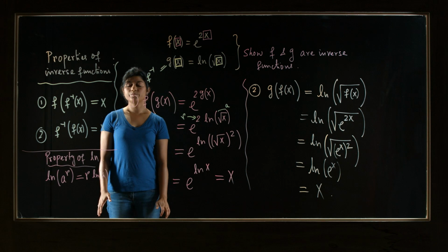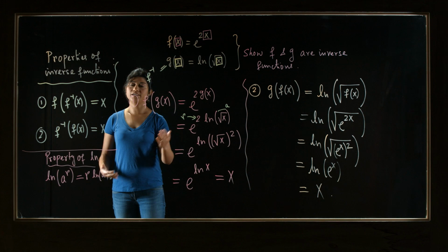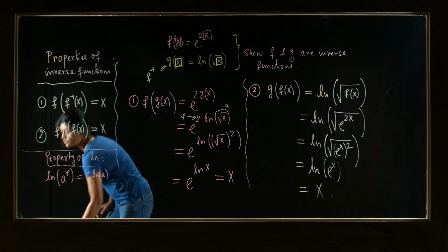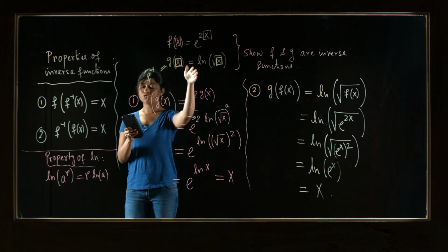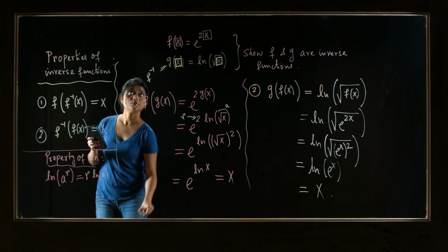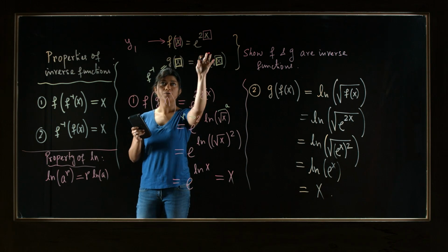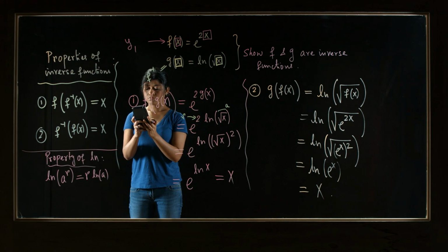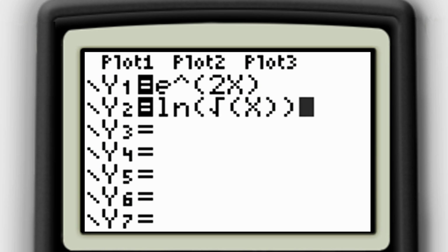To finish this problem, let's use a graphing utility to show that f and g are inverse to each other. Pick a graphing utility that you have and let's plot these functions. First, y1 is equal to f, e to the power 2x, and then g is your y2, so y2 is natural log of square root of x.